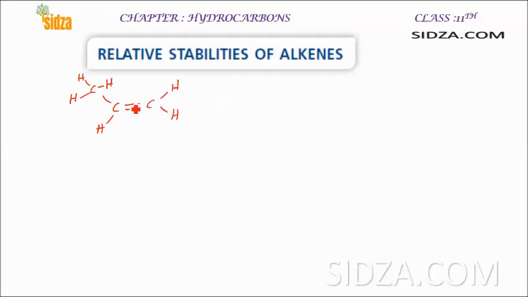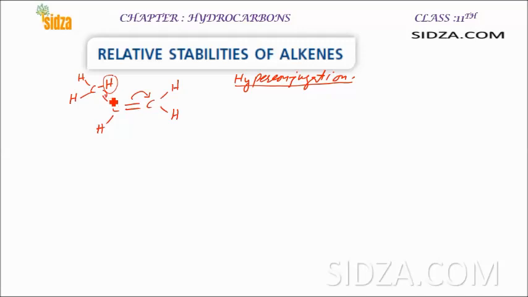In this molecule, what happens here? The hydrogen atom here, you can see, is the alpha hydrogen. We know for hyperconjugation, the requirement is that you should have an alpha hydrogen atom. So over here the double bond breaks and shifts towards this side.